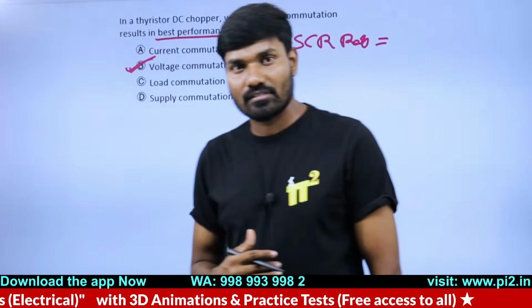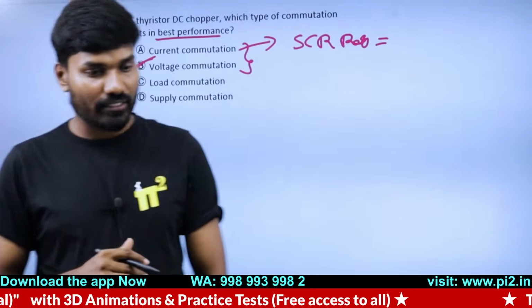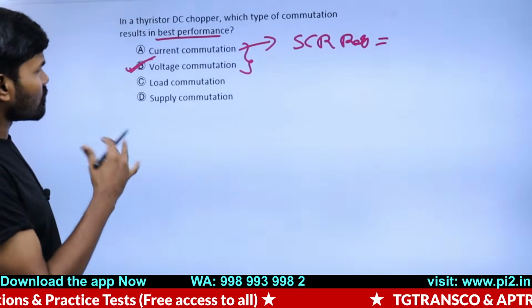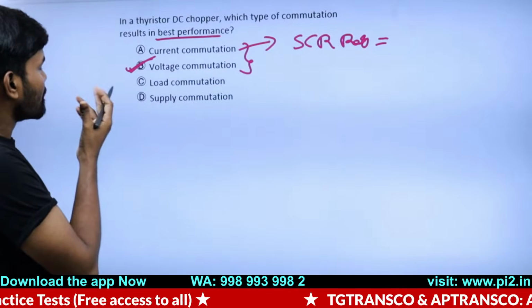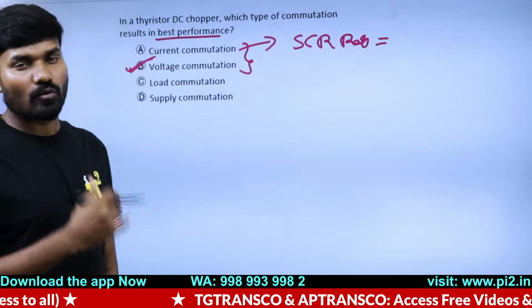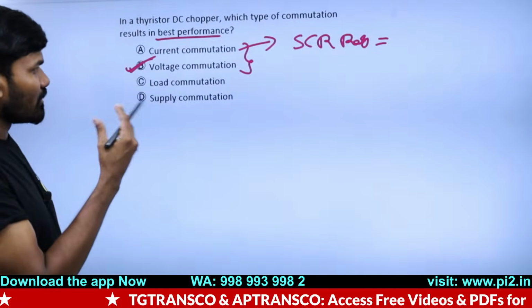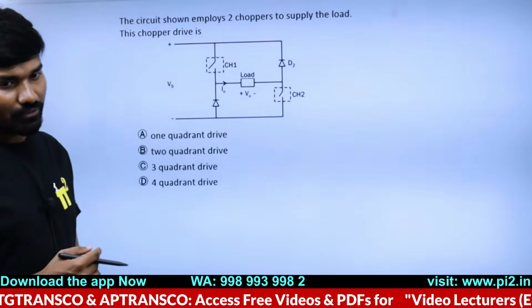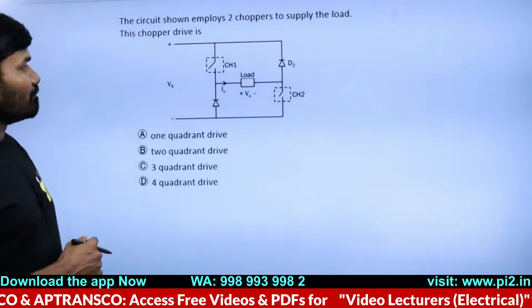This will be the best one. Anything further? For the Jones Chopper, it is also one of the voltage commutation techniques, because this question is sometimes asked: Jones Chopper is relevant to what? It is voltage commutation.